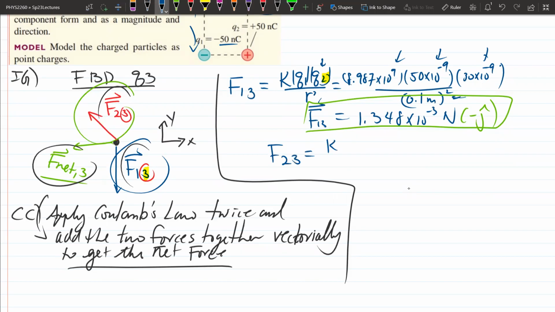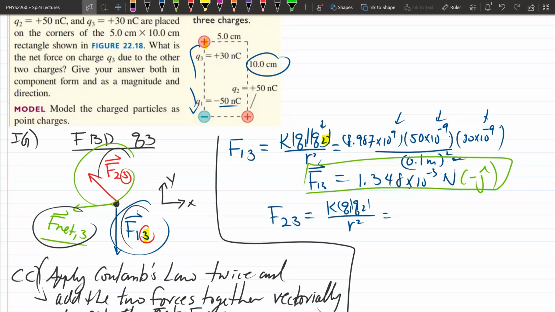So we put in k, Q1, Q2, all magnitude, divided by R squared. If you plug that in, I'm just going to skip the step. These are the same charge actually, so it's going to have the same magnitude, times 10 to the -3 newton, but the direction is going to be different. It's going to point to the top left, right?